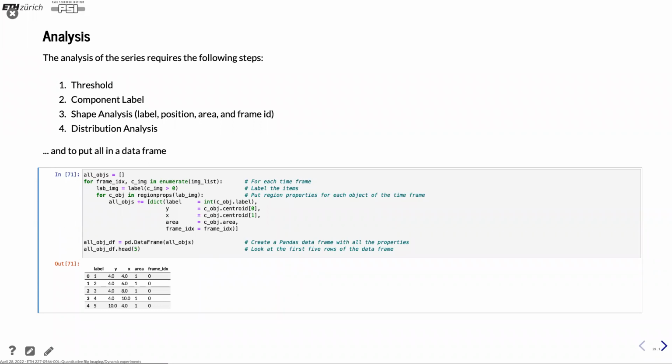That is the information that we want to put into our analysis. Then we do some distribution analysis and put everything in a data frame. So this is what's happening here. We have our images in an image list, and we label each frame, compute the region properties, and from those, we extract the label, X and Y position, area, and frame index. And that is put into our data frame.